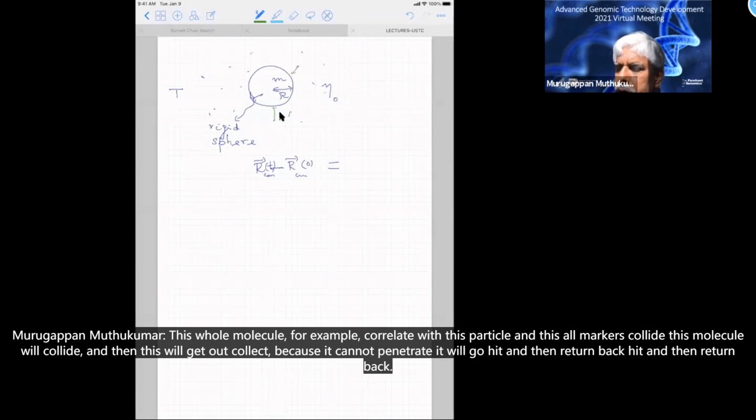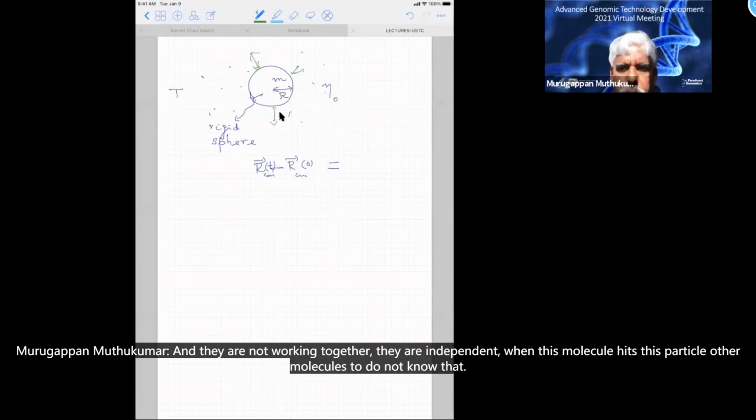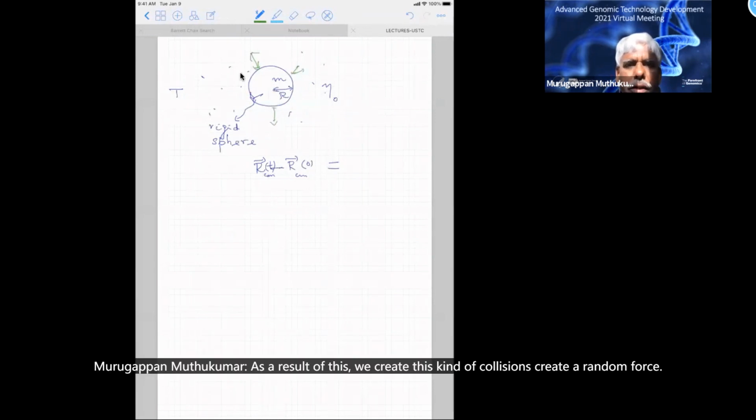It cannot penetrate, so it will hit, and then return back. Hit, and then return back. And they are not working together. They are independent. When this molecule hits this particle, other molecules do not know that. As a result, these collisions create a random force.